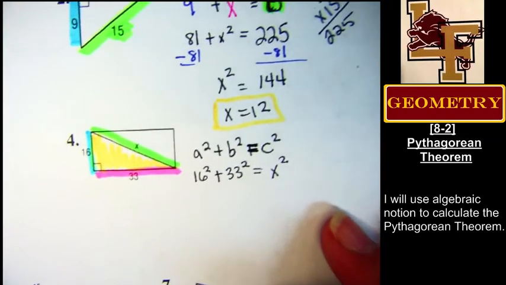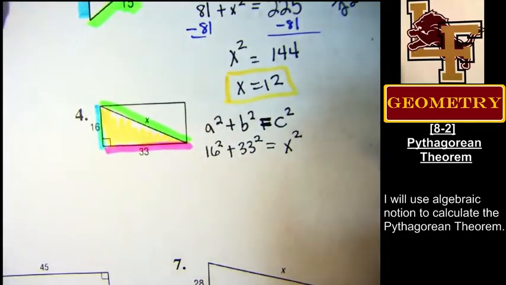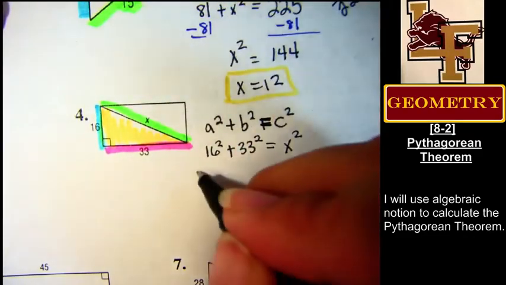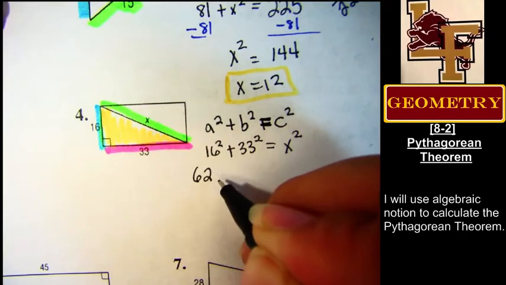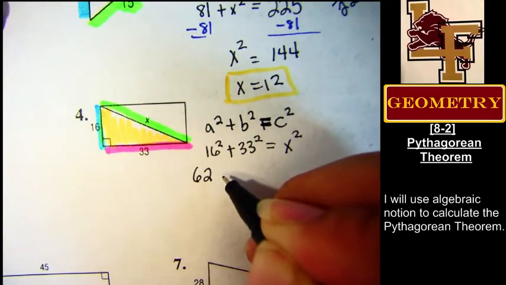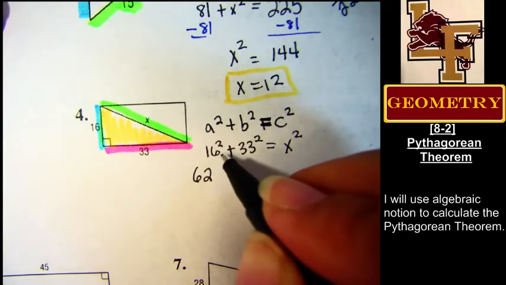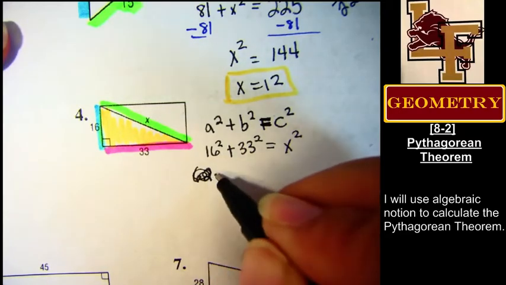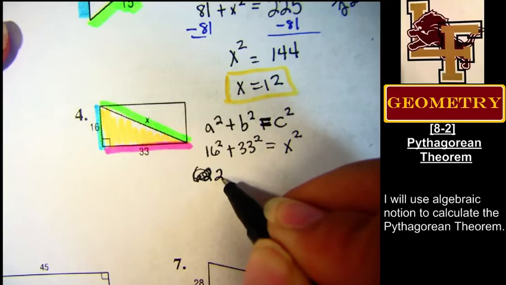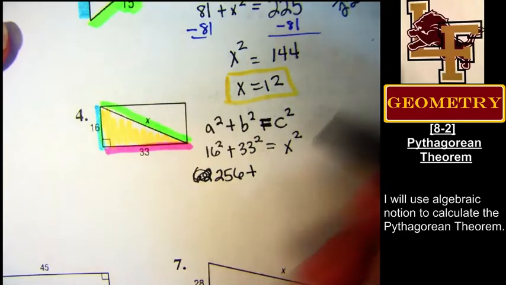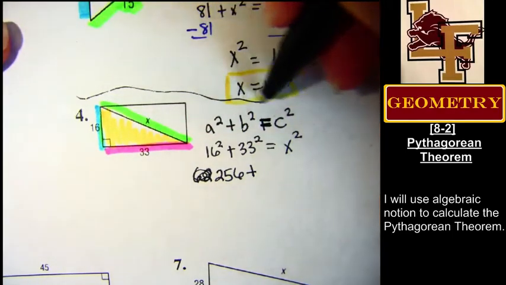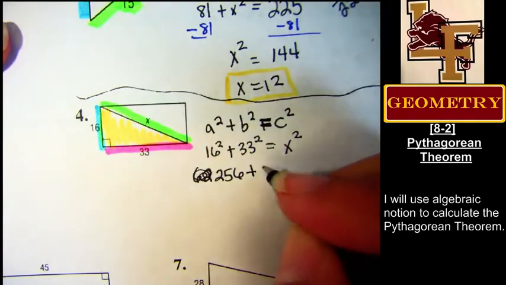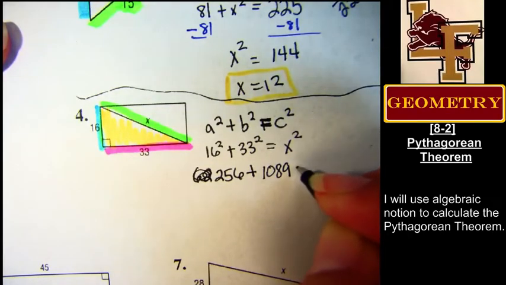Calculators, please help. 16 squared. 256. Yeah, 16 squared is 256. And 33 squared? 1089.